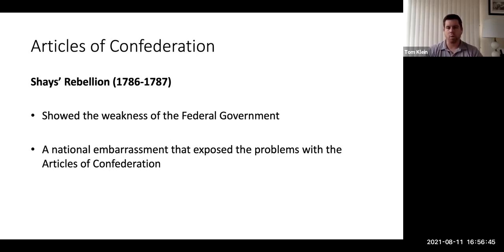After the Revolutionary War ended, he returned to rural Massachusetts, where he was from, only to find that his farm was being foreclosed on, and this was happening to many farmers. And they said, this isn't fair. We're not able to pay our debt.